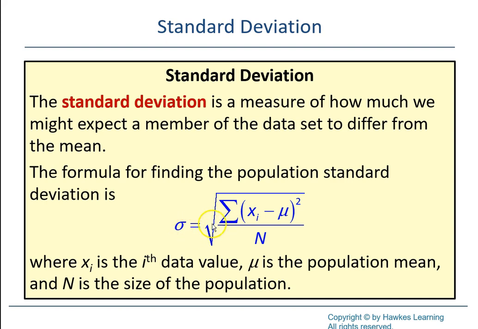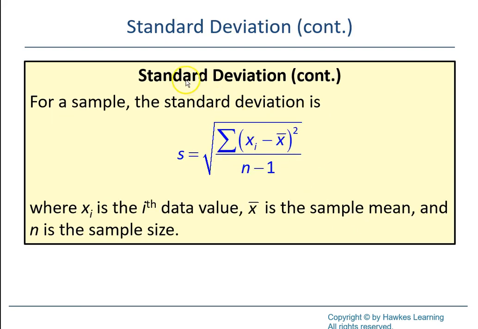And this formula is for the whole population. Now, we'll take a look at the next one, which is the one that we most commonly use when we just have a sample. Instead of the whole population, it's a sample.